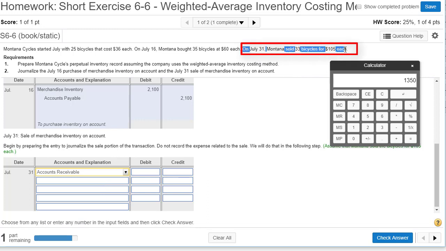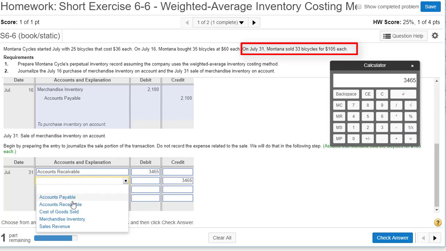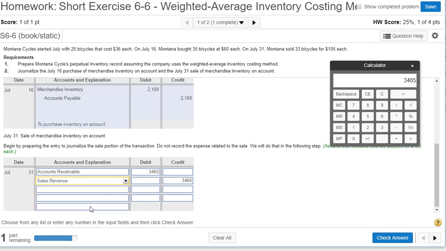Right up here, 33 times 105. I should have memorized that from the previous exercises, but I did not. So $3,465. So our customers owe us $3,465. And the credit is sales revenue increasing. To record sale on account.